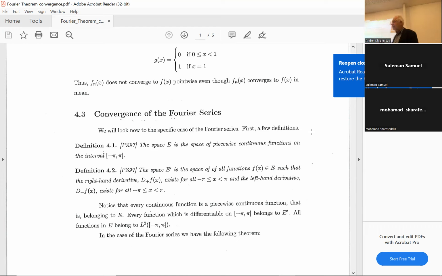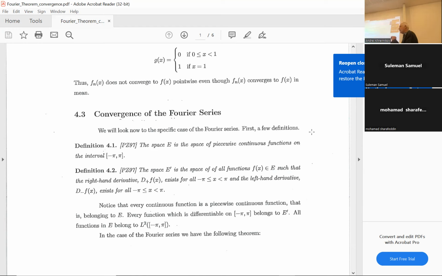So now we study this convergence in some subspace of the L2 space. L2 space is larger, but this E prime is its subspace. We know that in L2 space, there is convergence of the integral of the square. In this smaller space E prime, we hope to get stronger, point-wise convergence.